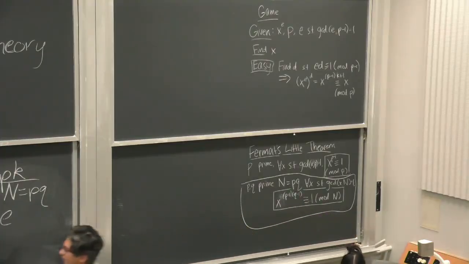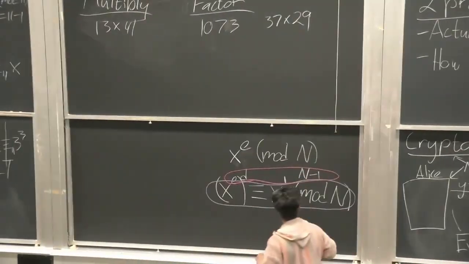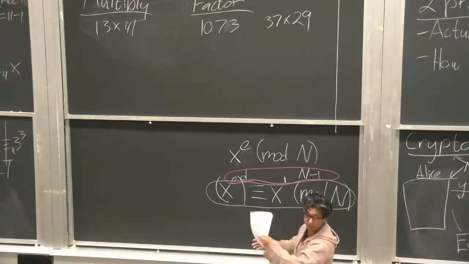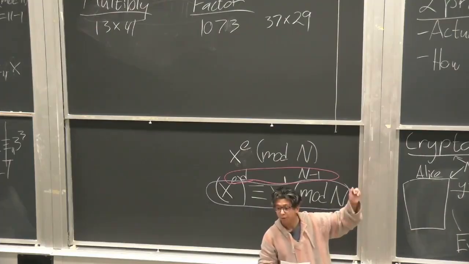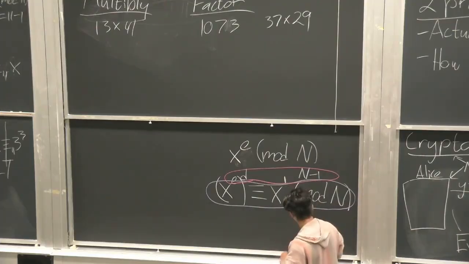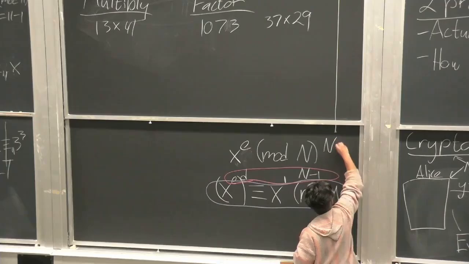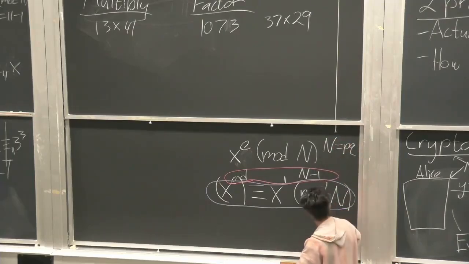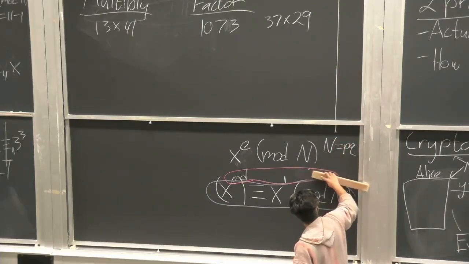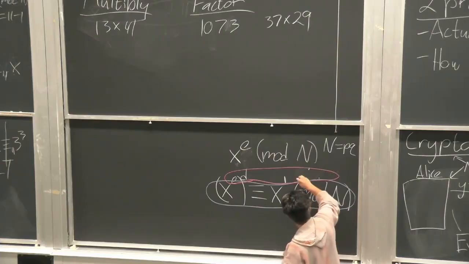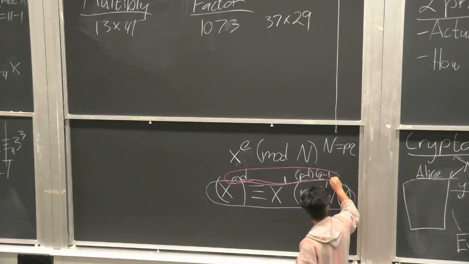So n minus 1 is the exact correct pattern recognition for how we were doing everything over there because we were dealing with primes. Because n is equal to p times q, the way to use that theorem over there is p minus 1 times q minus 1.